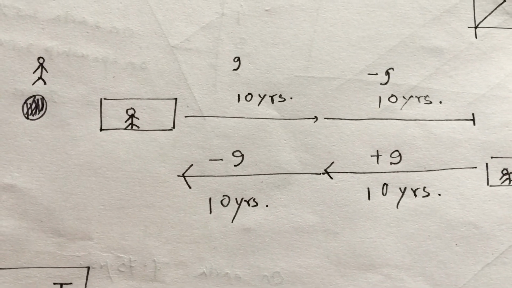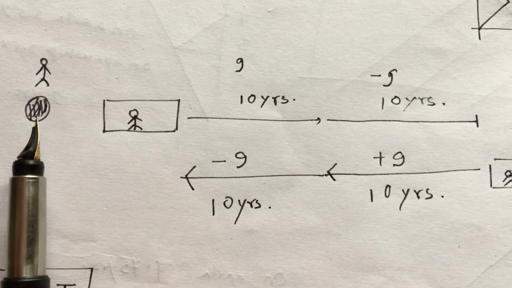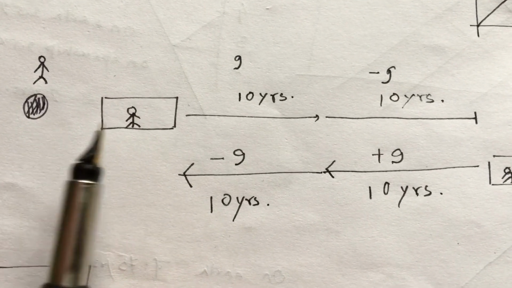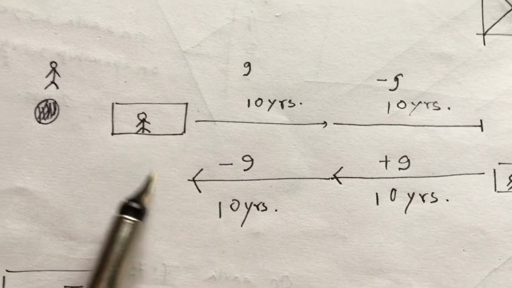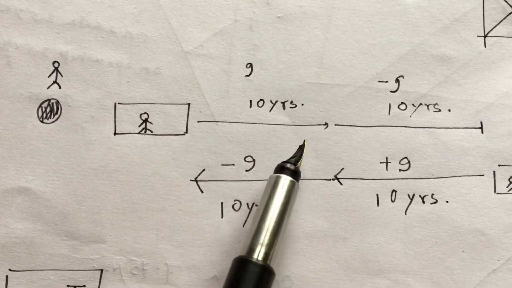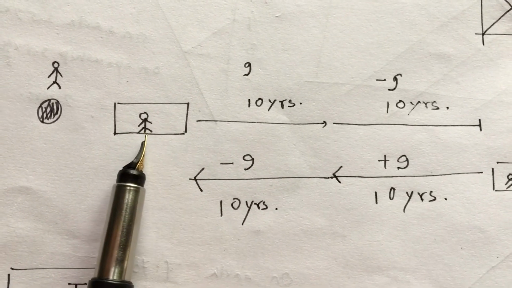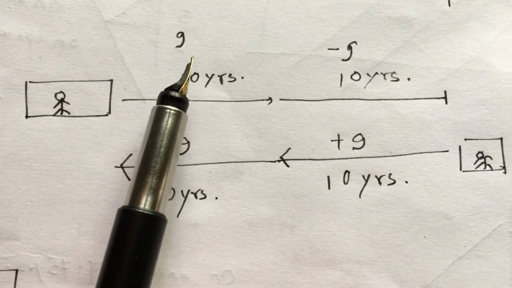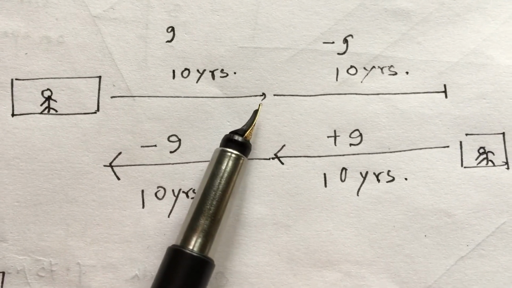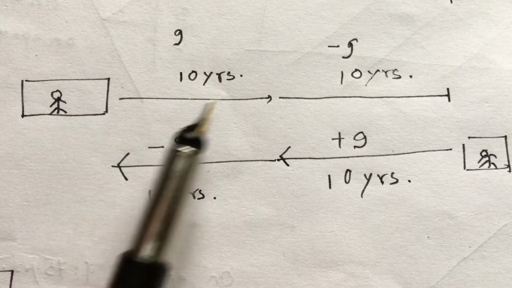Suppose here is an observer on Earth, here is an observer in a spacecraft. First, for 10 years, this observer is moving with the spacecraft with acceleration g. Then after 10 years, the spacecraft gets slower.